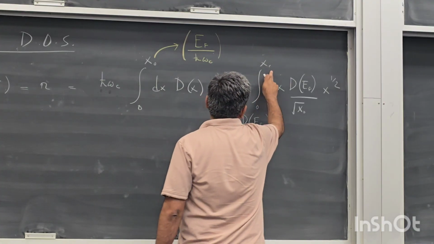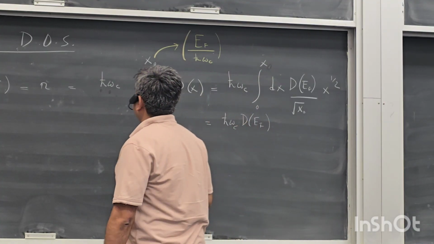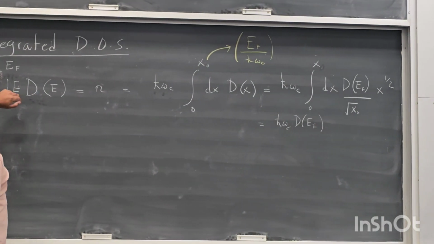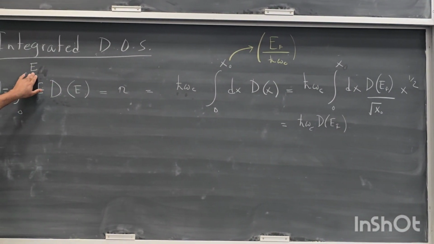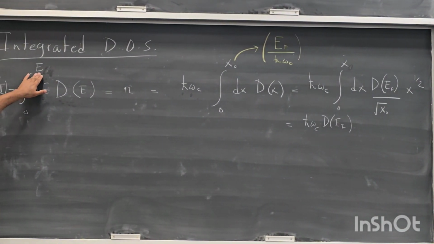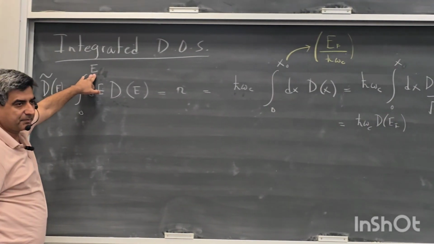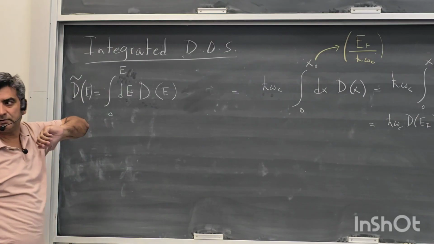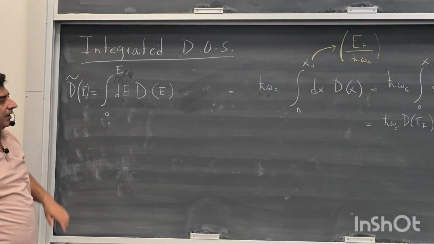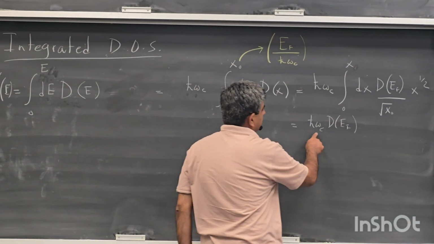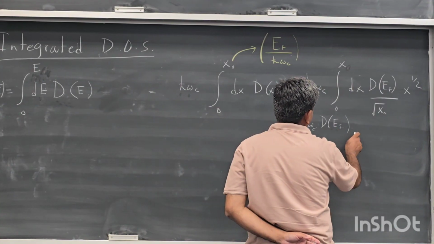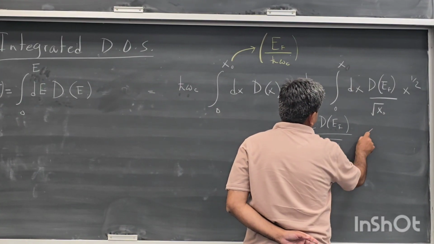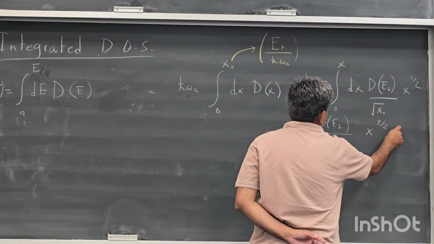Let's first try to find this value at arbitrary x. Let's keep the upper limit at x for the moment. So this becomes h bar omega c d EF over x naught, x to the power 3 by 2, times 2 by 3.